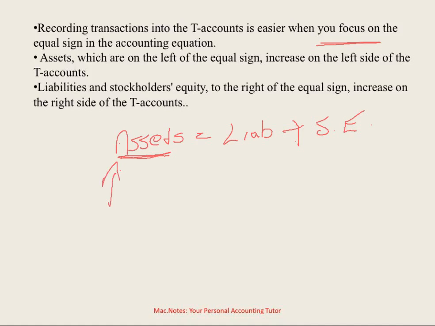Liabilities and shareholders' equity are on the right-hand side, so they're going to increase on the right-hand side of the liability account or the shareholders' equity account. If there's a decrease in the assets, we're going to record that on the right-hand side of the asset account. If there's a decrease in liabilities or shareholders' equity, we're going to record that on the left. And in this way, we can record every business transaction in this shorthand fashion.